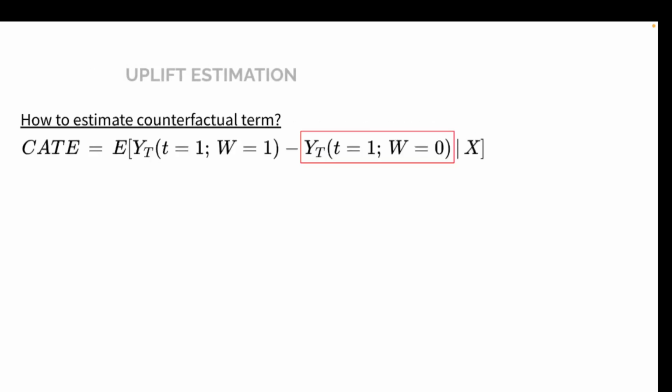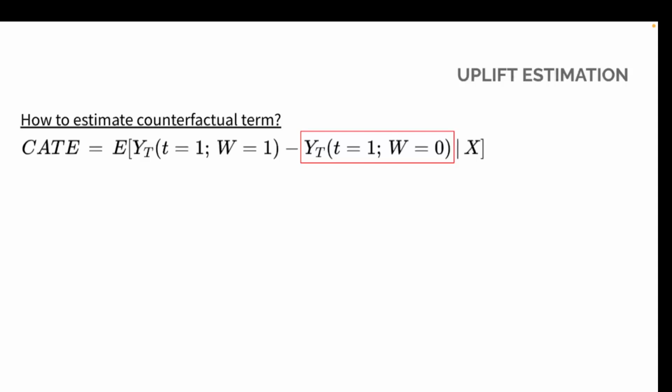That's all. Now the question is, I want to estimate this CATE, or average treatment effect, and as you saw, we have two terms. The first term is perfectly observable. We know everything about that because we know the people that were treated, and we can measure how much sales were generated after the intervention. So there's no problem there.